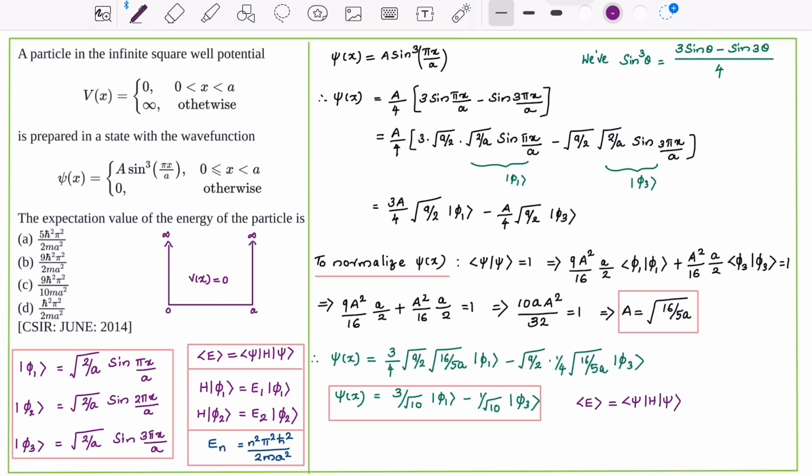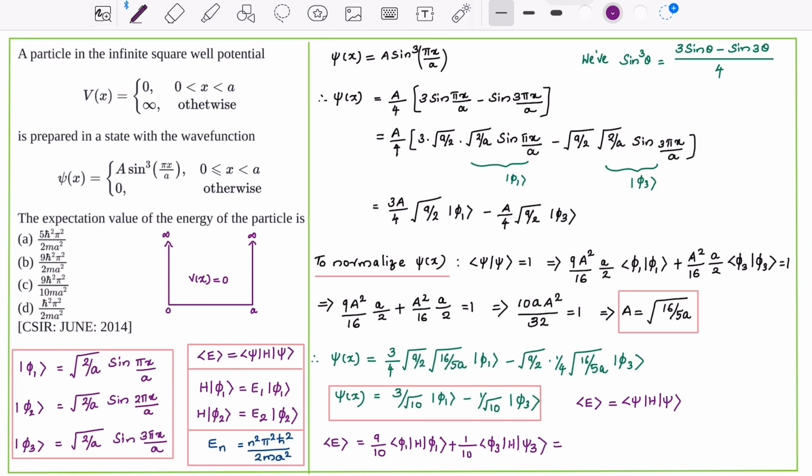Now we can write the expectation value of E as psi H psi, and your answer becomes 9 by 10 phi 1 H phi 1 plus 1 by 10 phi 3 H phi 3.